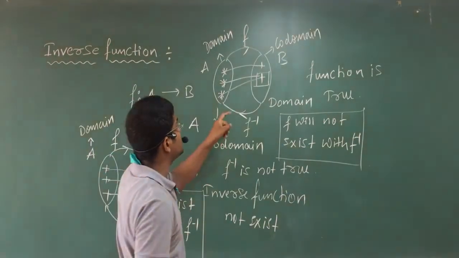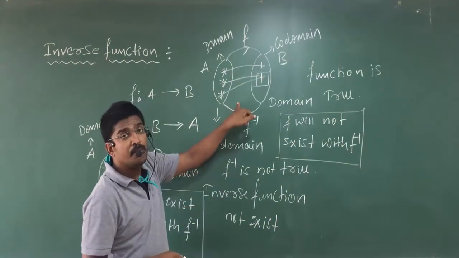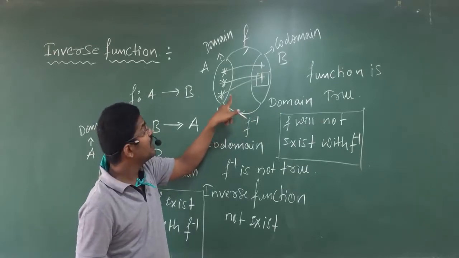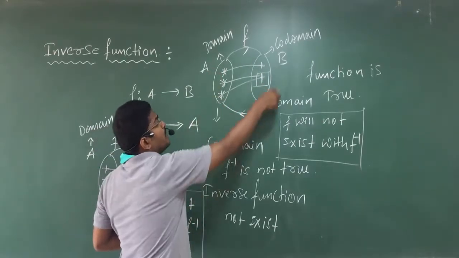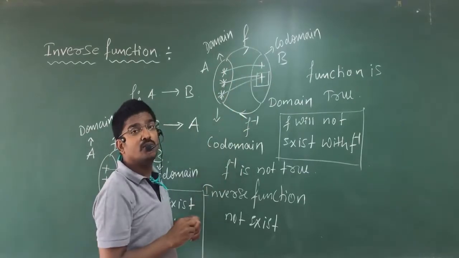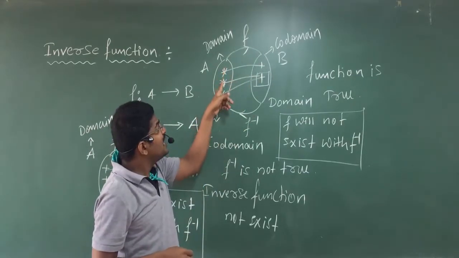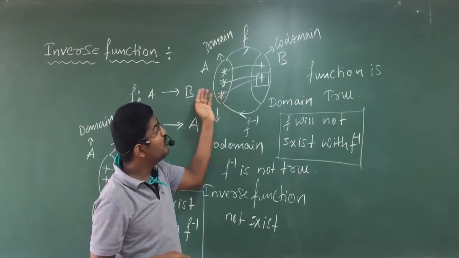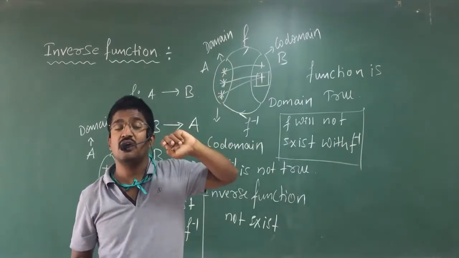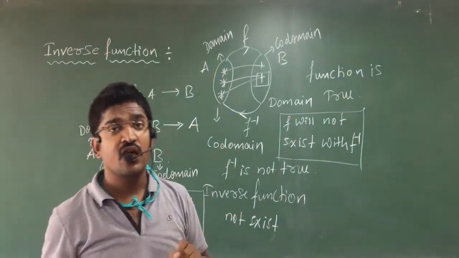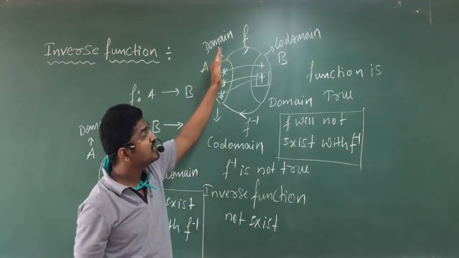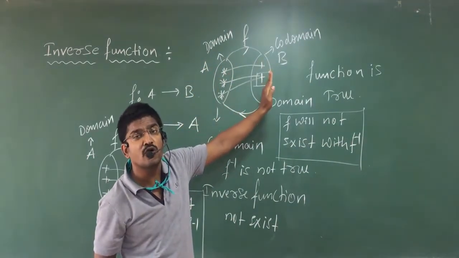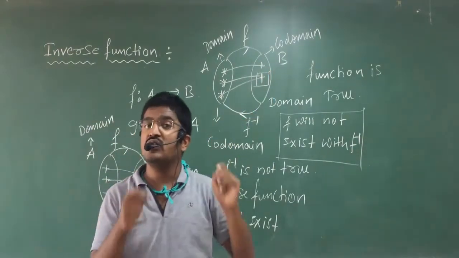Here only you can see. In this example, it is not 1-1, because all elements in the domain must have distinct images for 1-1. Are you clear? All elements of the domain must have distinct images in the codomain, then it is called 1-1.